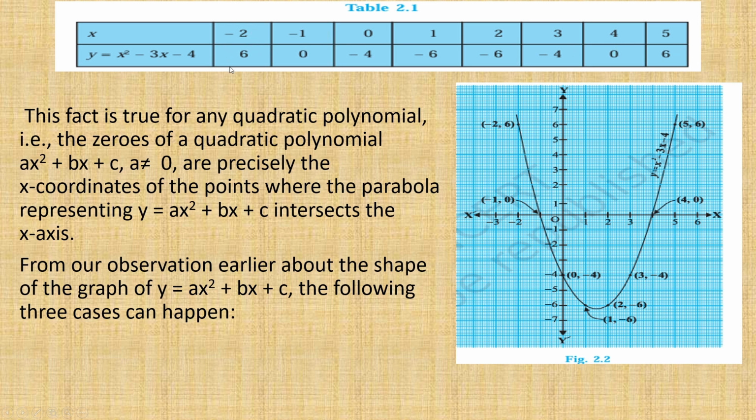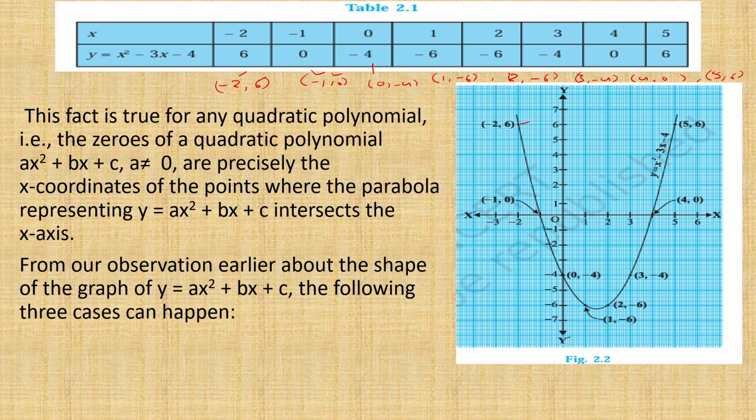So these are the different points on the x axis, y axis: minus 2 comma 6, minus 1 comma 0, 0 comma minus 4, 1 comma minus 6, 2 comma minus 6, 3 comma minus 4, 4 comma 0, 5 comma 6.